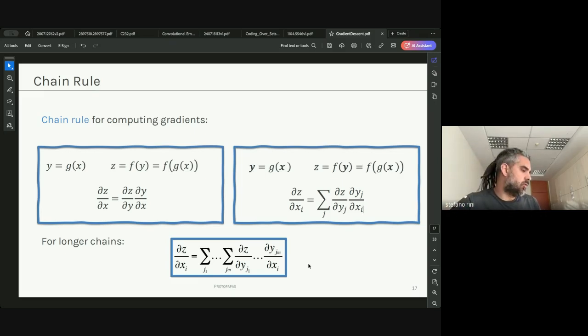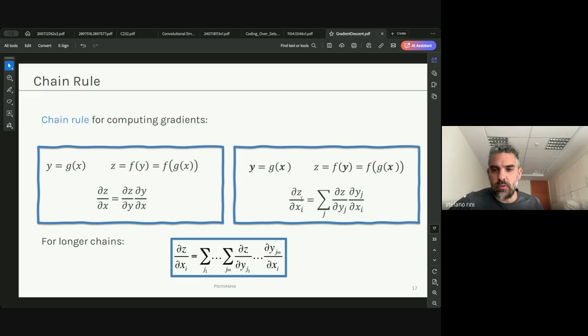So if you go into the algebra with the definition of gradient that we had for a function of p independent variables, you will see that the same happens. Let's say that we have a vector y equal to g of vector x, and we have a z. Now z is a scalar here, right? This is an f of vector y, which is an f of g of vector x.